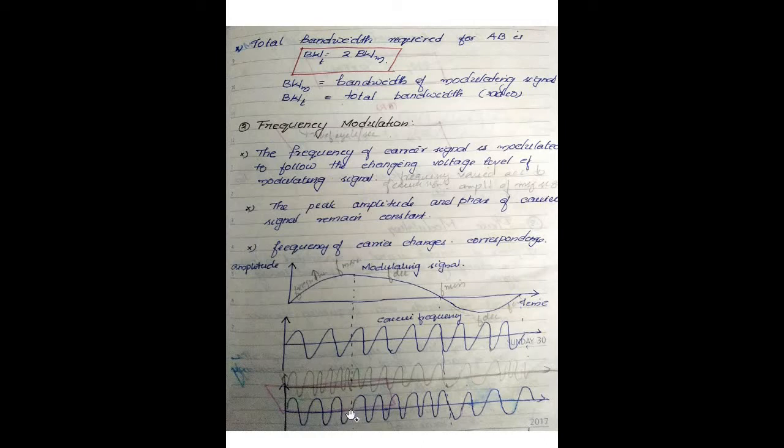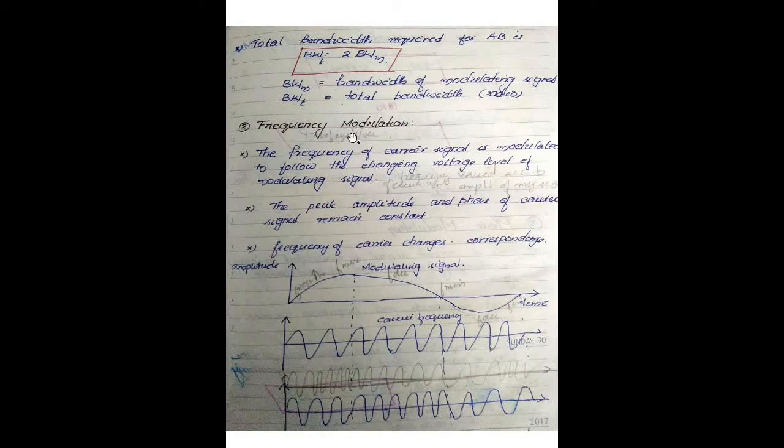Here you can see in one there is one. This is called the crest of the signal. By combining only a single crest of the modulating signal with the carrier frequency, you can create multiple waves here.